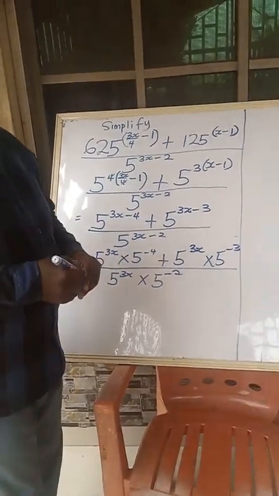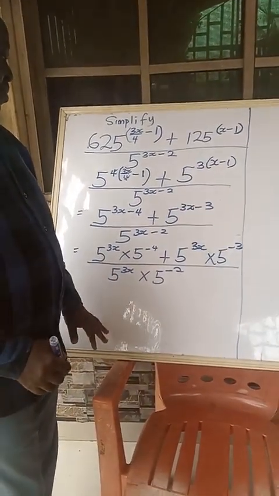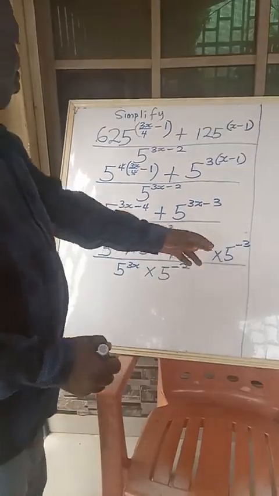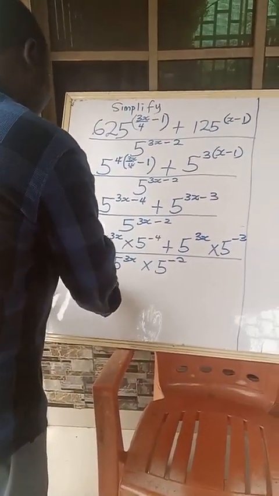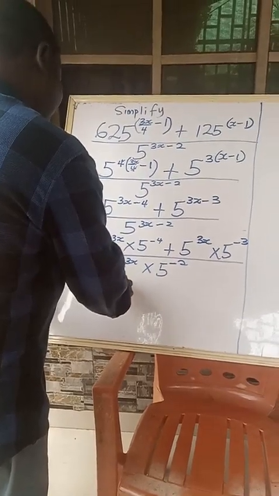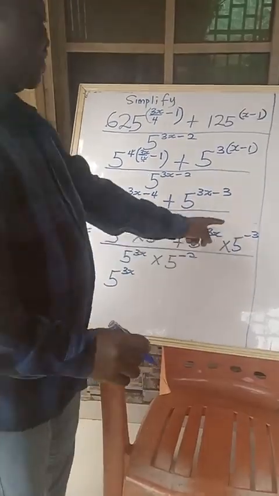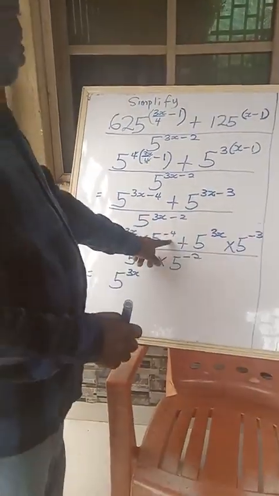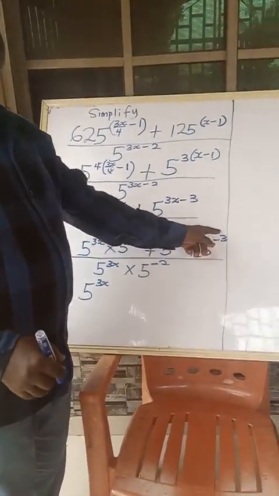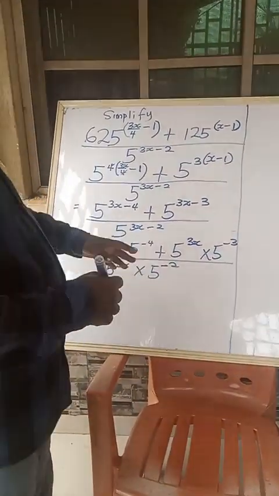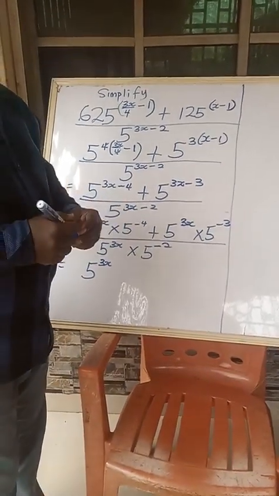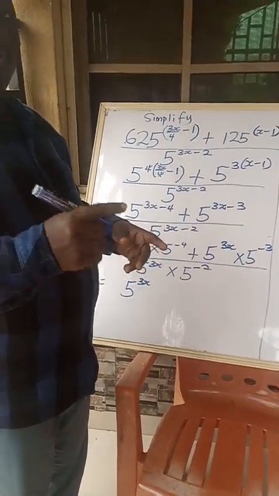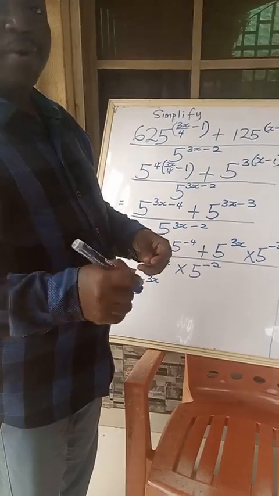Then the next step is to factorize. So what is the highest common factor here? We have 5 raised to power of 3x. So 5 raised to power of 3x is common to this and this. Then what about 5 raised to power minus 4 and 5 raised to power minus 3? Whenever we have two numbers of different powers like this, the highest common factor is always the one with the lower power.